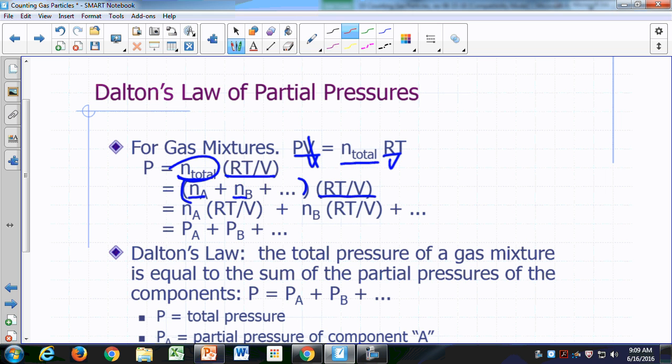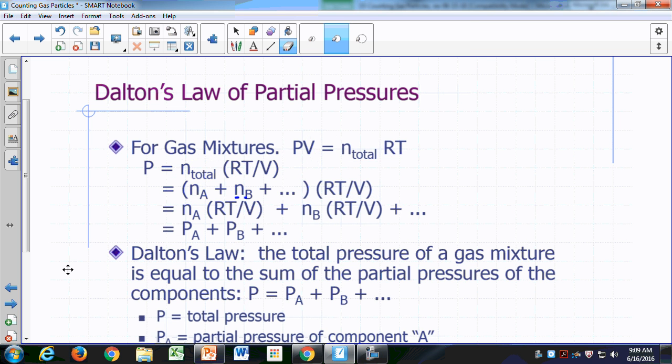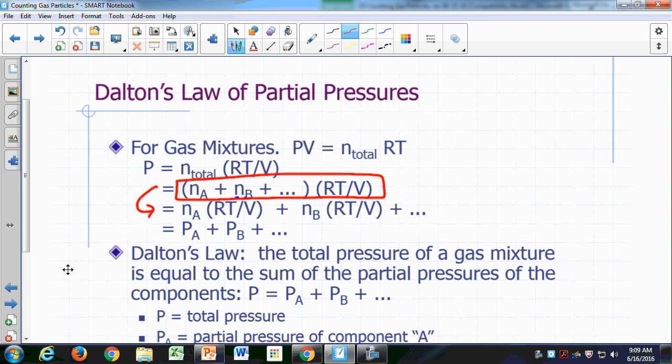Well, the distributive property says, a little math review here, that this expression is equal to n sub A times RT over V plus n sub B times RT over V plus n sub C times RT over V, and so on.